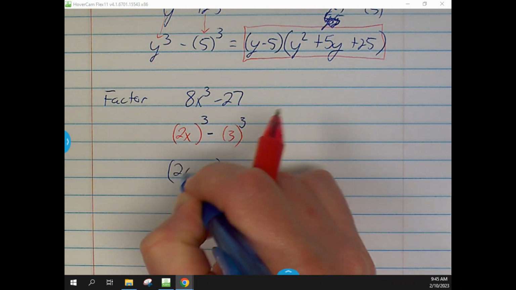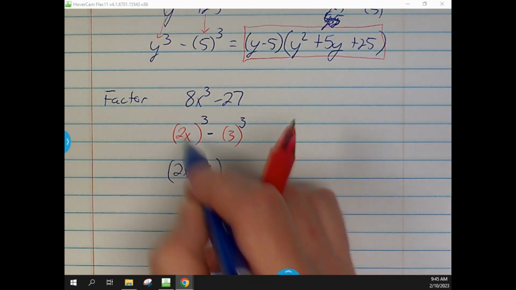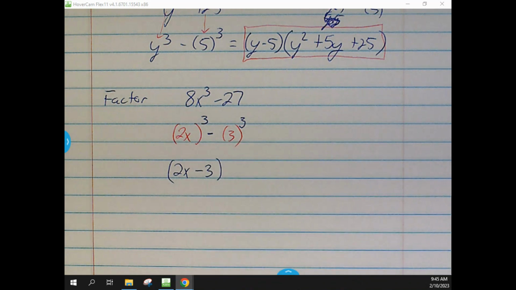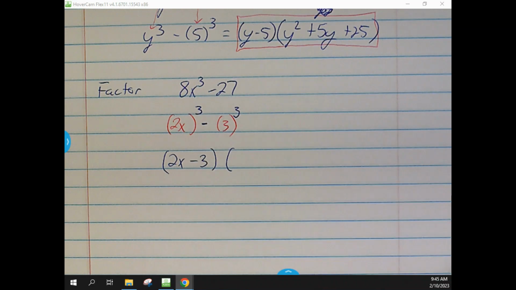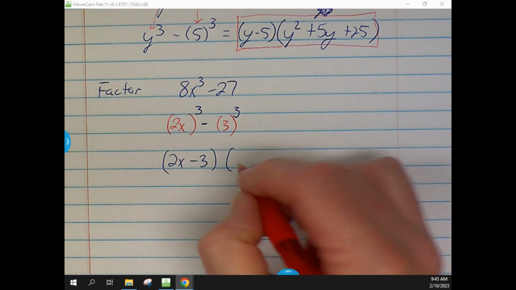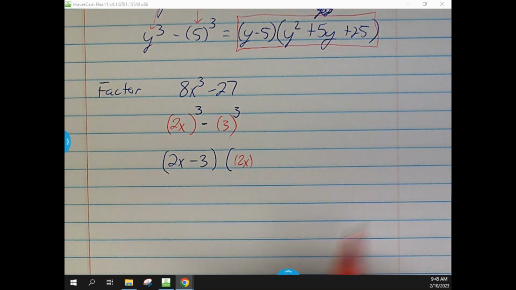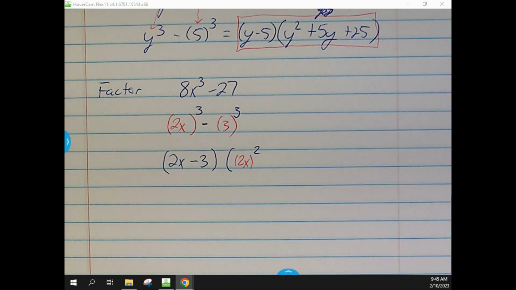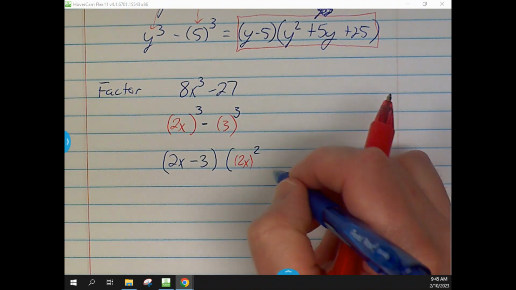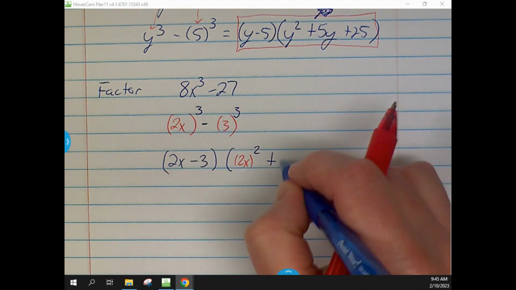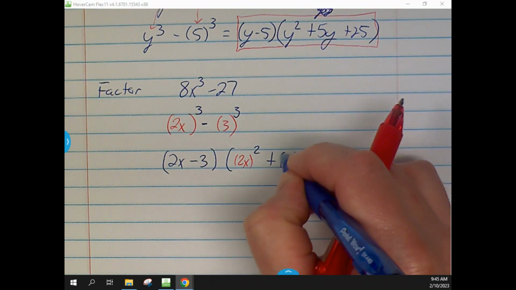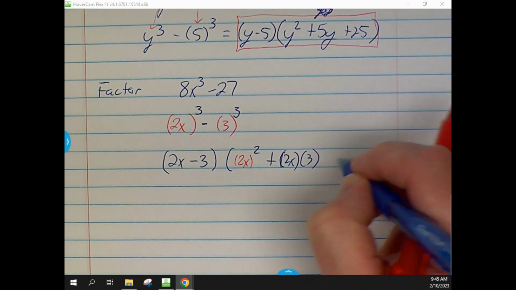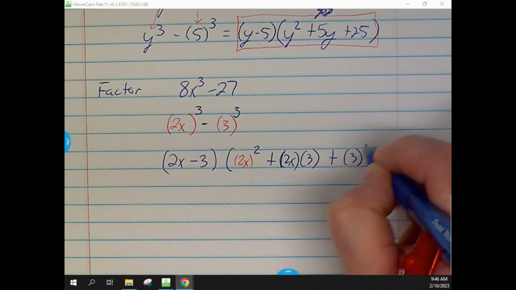Okay, so the first parentheses would still be the same. It's still going to be this thing minus this thing without the third powers. But then the next thing is going to be the 2x squared, plus the first thing times the second thing, and then plus the last thing squared.